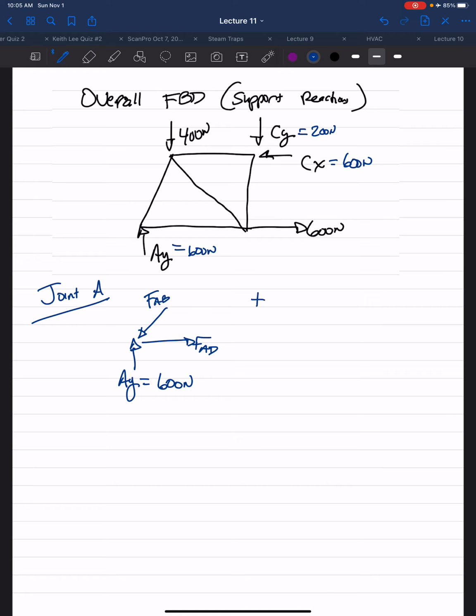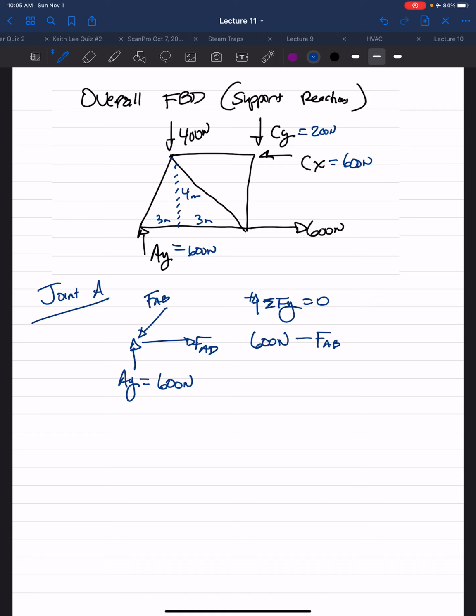So we take the sum of our forces in the y direction first. We have 600 newtons, which is the AY, minus FAB. But what is the vertical component of FAB? Well, we notice in the problem this distance here is 3 meters, and this is 3 meters, and this height is 4 meters.